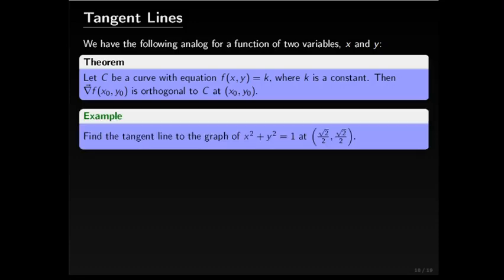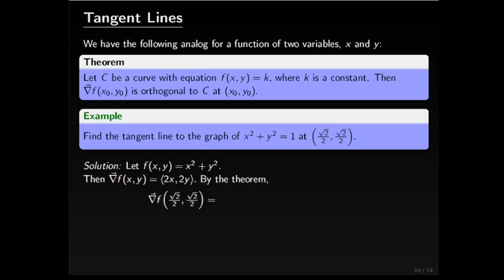So let's apply this theorem to the following. Let's say we want to find the tangent line to the graph of the unit circle x^2 + y^2 = 1 at a given point. First we compute the gradient of f at any point (x, y), and that is simply (2x, 2y). Evaluating this at the point (√2/2, √2/2), we get the vector (√2, √2).